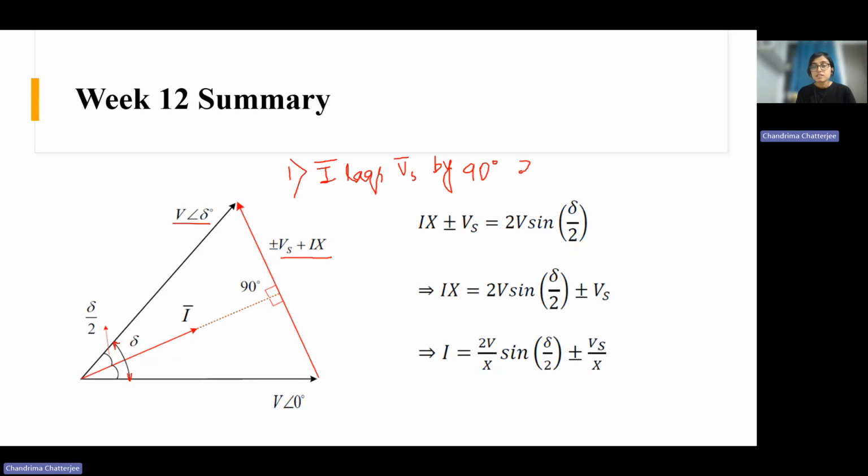And the second case is I leads Vs by 90 degrees. But either way, there will always be a 90 degree phase difference. Whether the current is lagging or leading, the phase difference is 90 degrees because it is reactive power compensation. There is no active component, right? So that's why it is always 90 degrees.